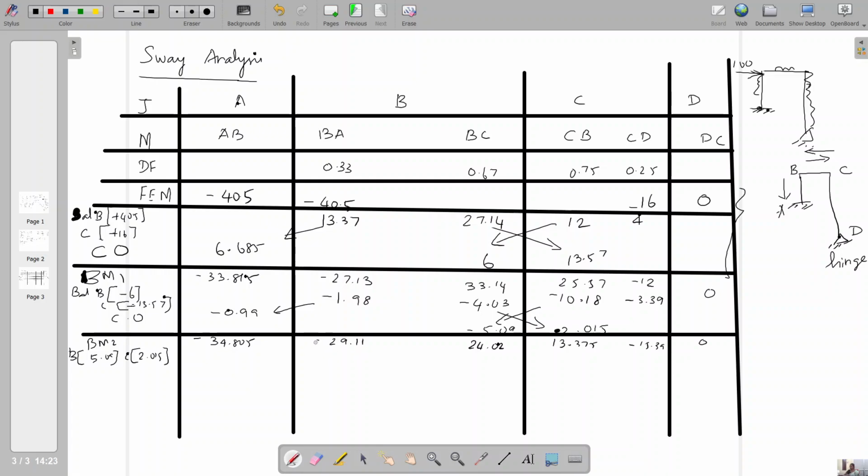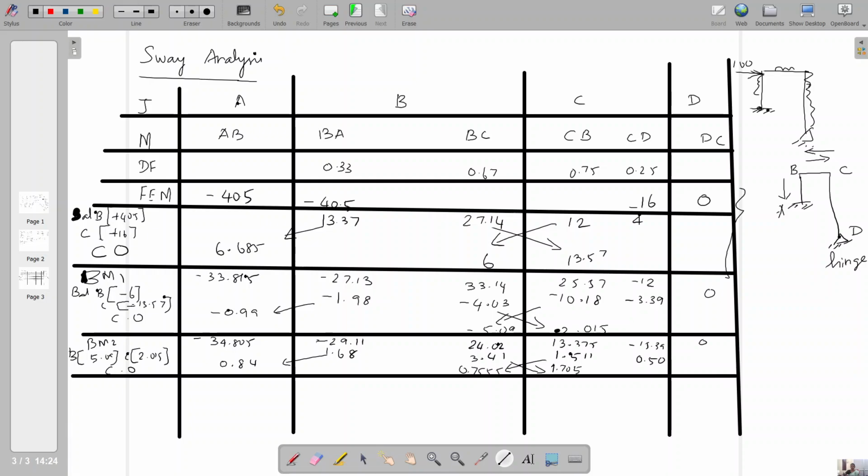And you multiply with this distribution factor: 1.68, 3.41, 1.511, and 0.50. Okay, then you carry over this moment as 0.84, and here 1.705, and this one 0.7555.